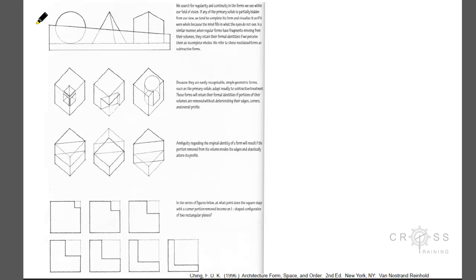Here, sometimes form can be looked at as the absence of form. Oftentimes when we try to draft or define a form or a space, we always look at what is there. A lot of times I see students try to draw this perfect half circle here and try to get this angle just right.